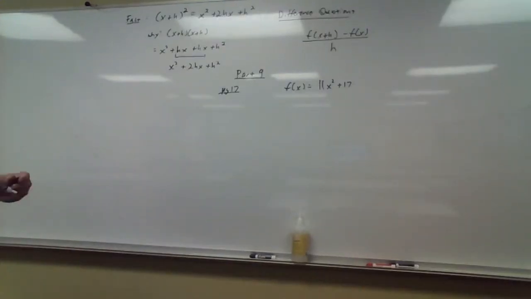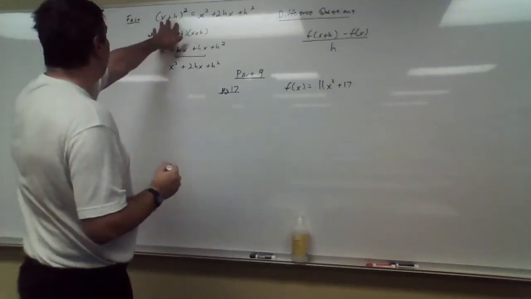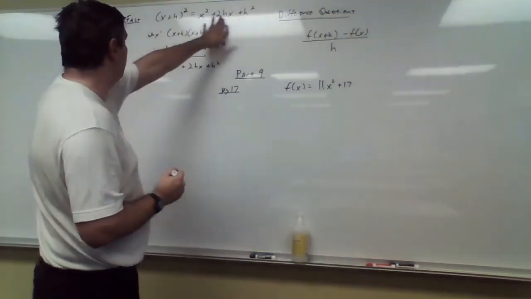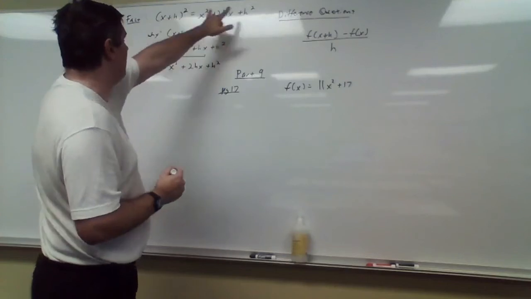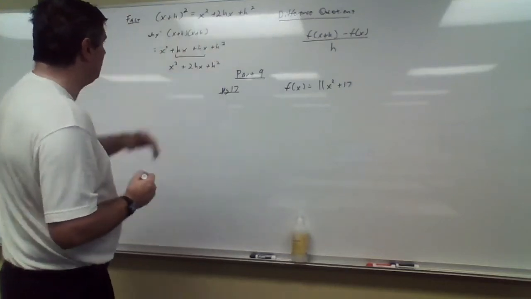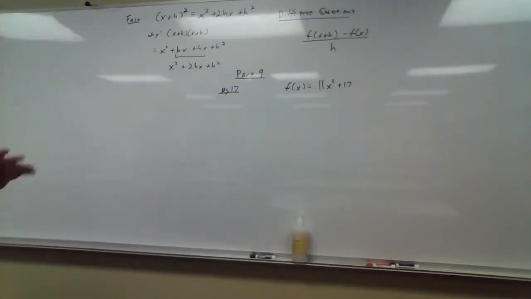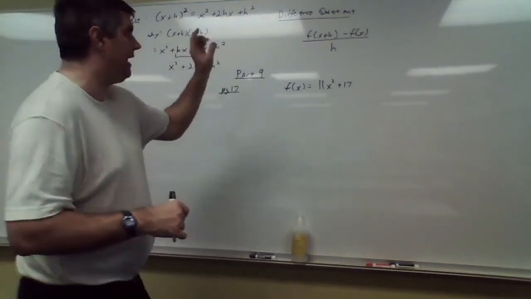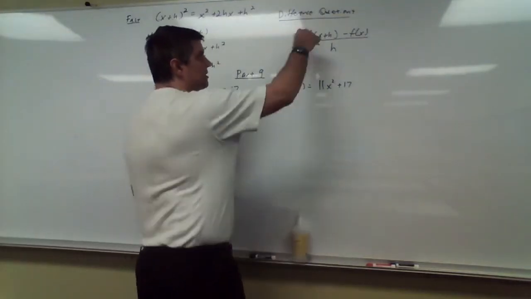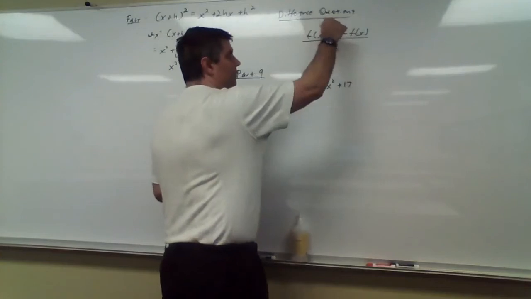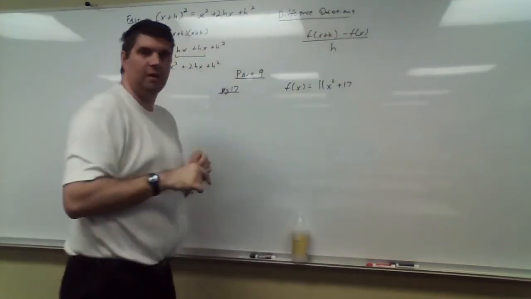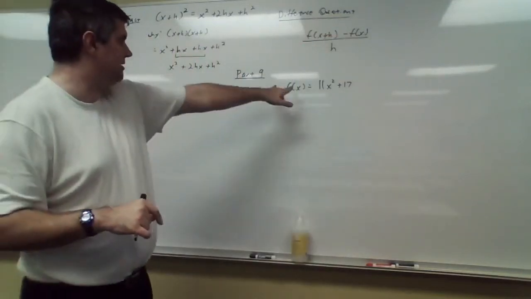All right. I went ahead and put up the fact that we just went over, that x plus h squared equals that. Here's why, okay, for your convenience. Now the difference quotient is a mathematical term that stands for f of x plus h minus f of x over h. And example 1 is that.